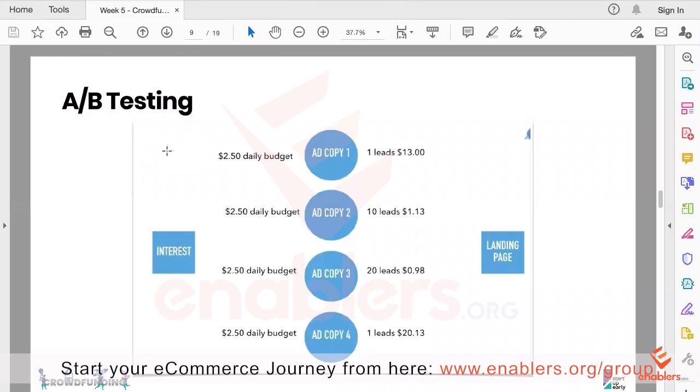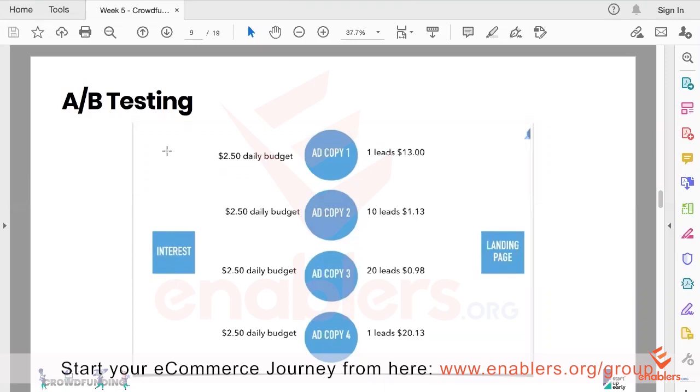So if you look at this screen, ad copy number 1, एक lead मिली $13 की. Then ad copy number 2, you get 10 leads at just over $1 per lead. And then you get 20 leads at just under $1 per lead for ad copy number 3.